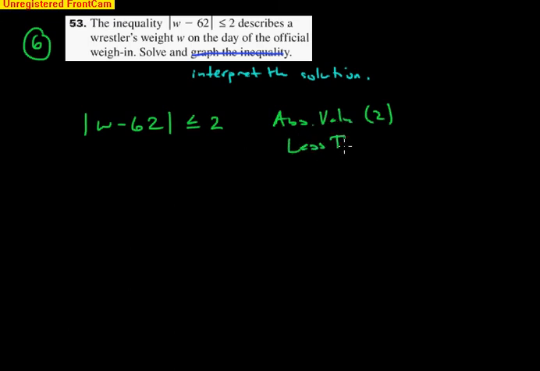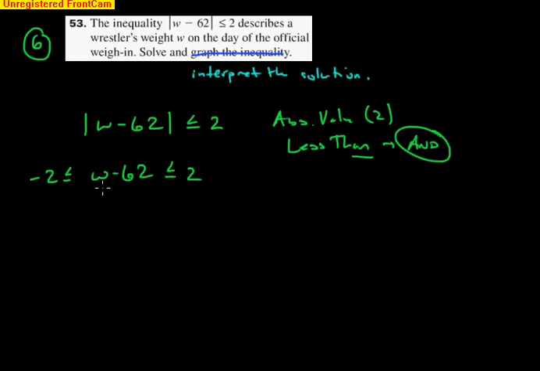This is a less than. That means "and." Less than and. So the w minus 62 is in the center. 2 over here, negative 2 over here. W minus 62 must be less than or equal to 2, and w minus 62 must be greater than or equal to negative 2.